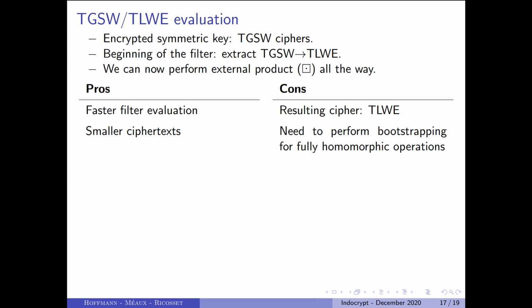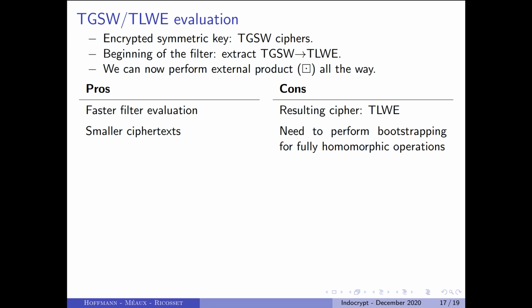We also implemented another scheme, which is a mix between the TGSW and TLWE schemes. The idea is that the encrypted symmetric key is still TGSW ciphertexts, but at the beginning of the filter evaluation, we transform the first TGSW ciphertext into a TLWE of the same message, and then we can perform external products all the way through the evaluation of the filter.